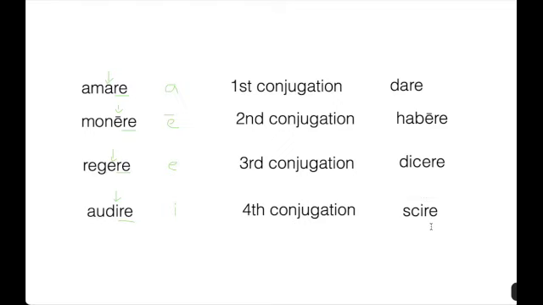Okay, now when you look up a Latin verb, either in a dictionary or online, you will usually see it listed with 4 forms. We call these the 4 principal parts. And the infinitive form is going to be the second form. So for example, if you looked up amo, you would probably see it like this. Amo, amare, amavi, amatus.